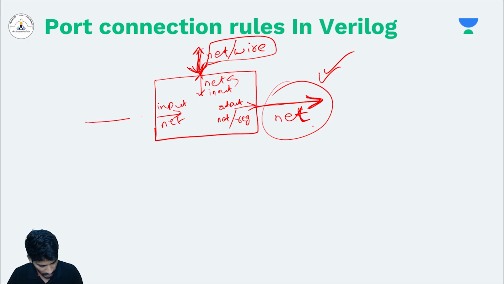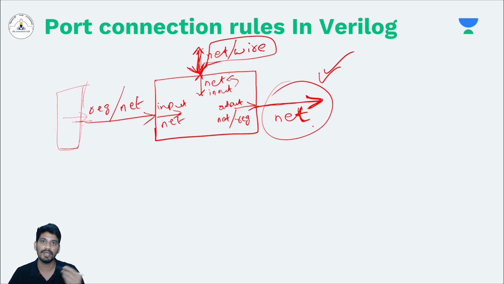And since it is coming from outside, it may be the output of some block, so it can be either register or net. Since it is coming from some output block, it has the flexibility that it can be either register or net. But these two things should definitely be net data type only.